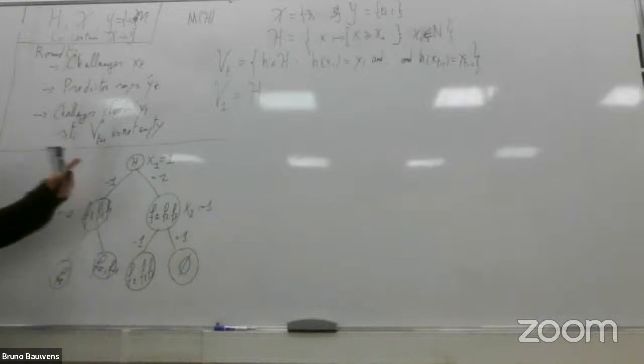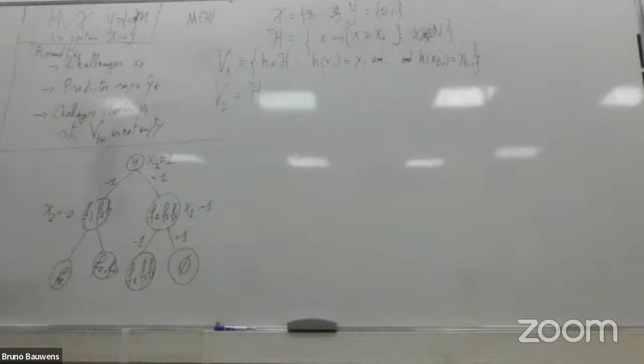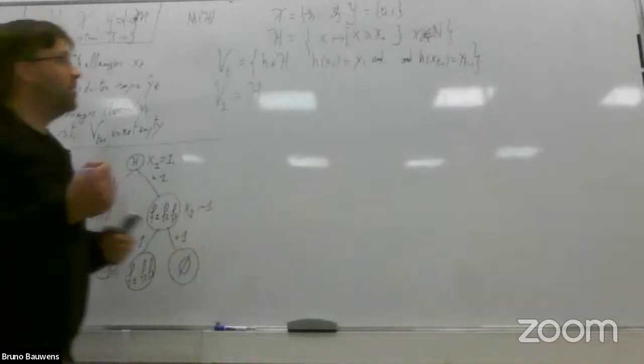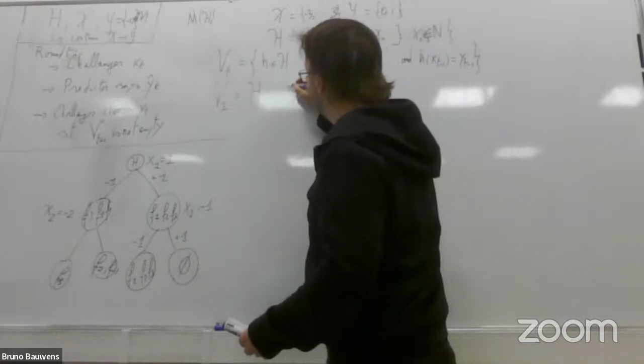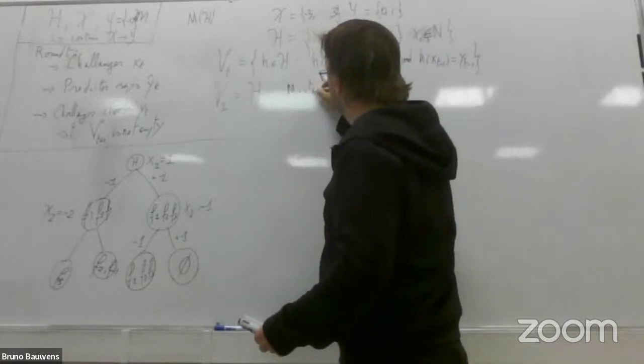So mistake tree is just part of a game tree, and in the nodes, I write the version space. Okay. So we say that a mistake tree is shattered if every leaf is non-empty. It's annoying to write the definition of a mistake tree, but we say that a mistake tree.